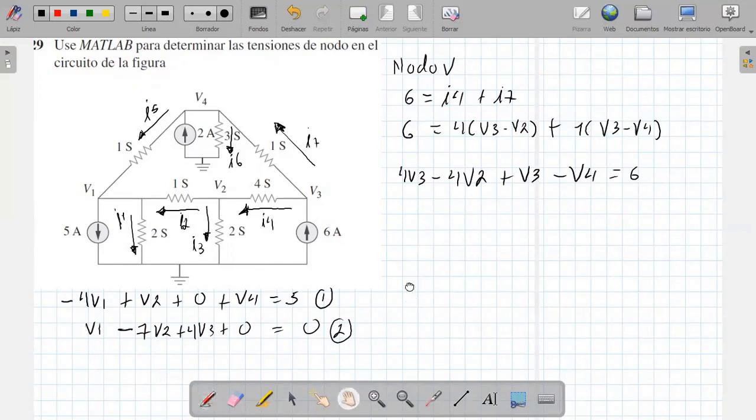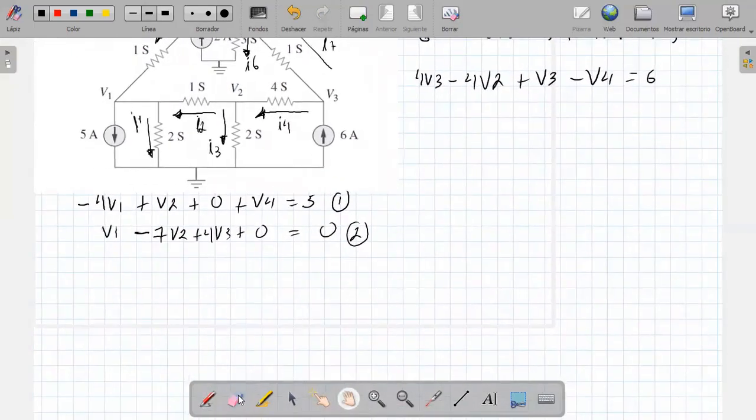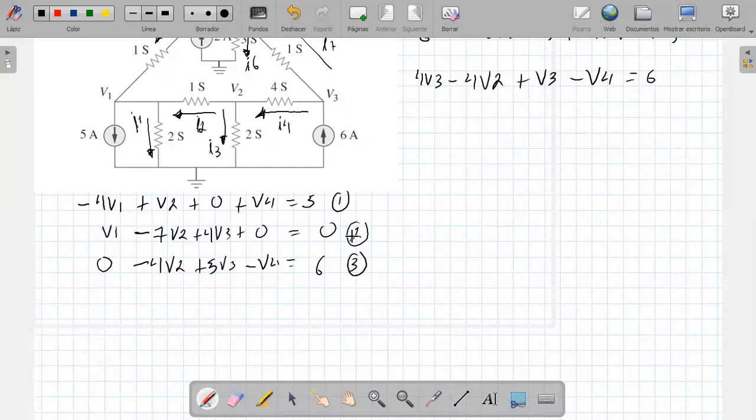If we organize it, whatever the variables have, then V1 minus 4 V2 minus V3 minus V4 equals 6. This is my third equation.